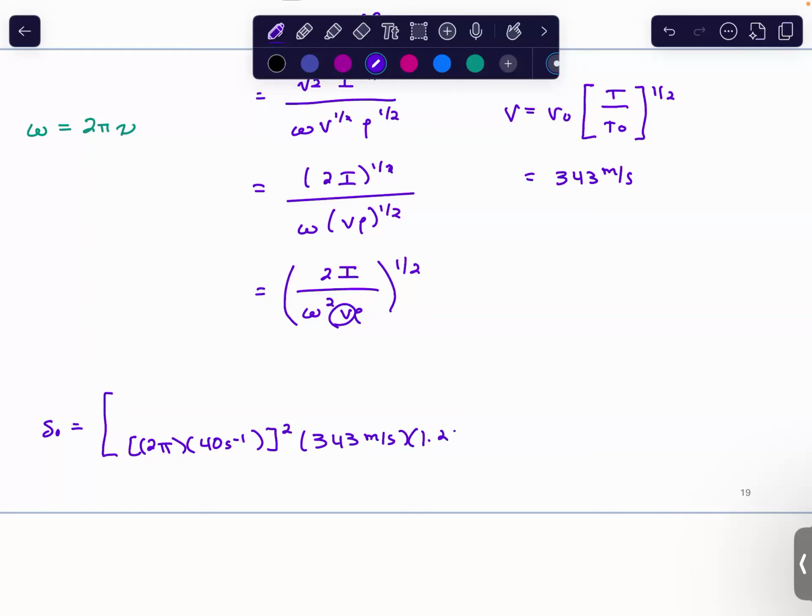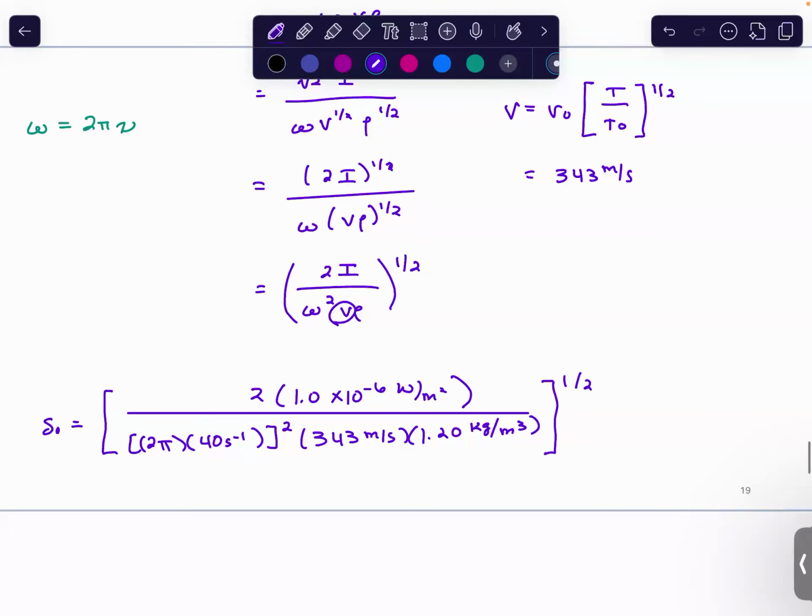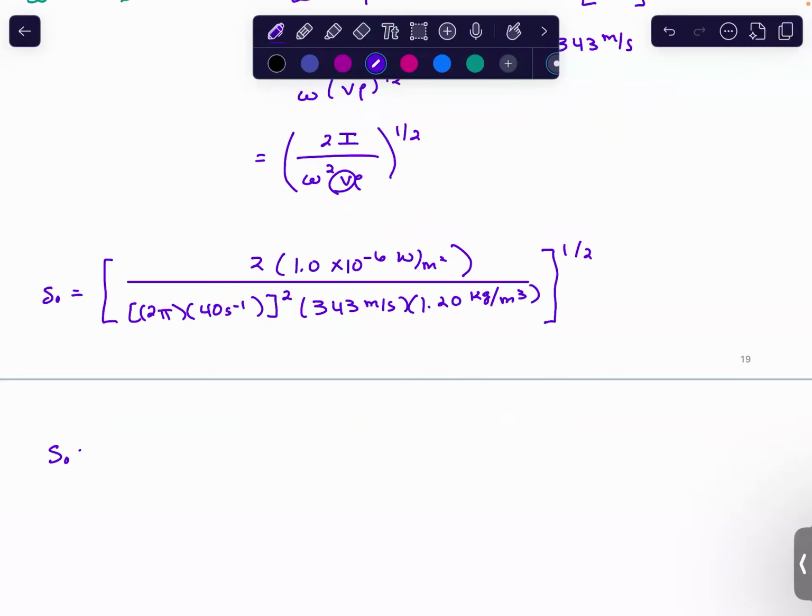And then, of course, we have the 1.20 kilograms per cubic meter. On the top, we have 2 times the intensity in watts per meter squared, and you're going to square root that whole thing. So what we end up with, the displacement of the wave, is about 280 nanometers.